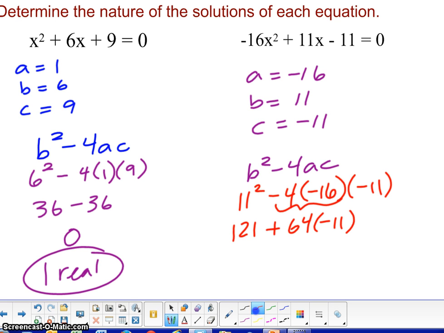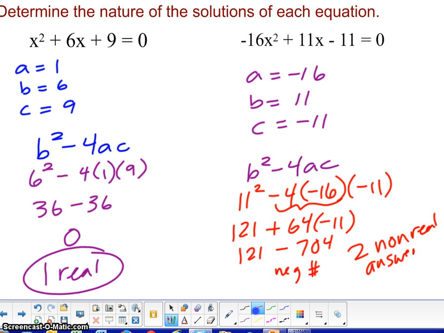You end up with 64 times negative 11, and then 121 minus 704 gives you a negative number, because 704 is bigger than 121. So there are going to be two non-real answers here, or solutions, or roots. Again, imaginary.